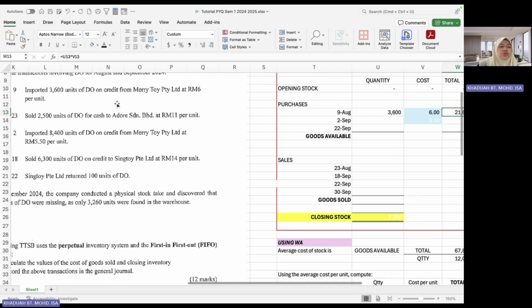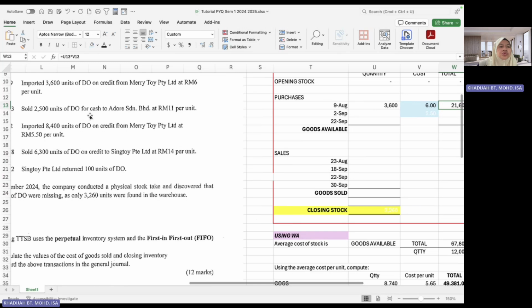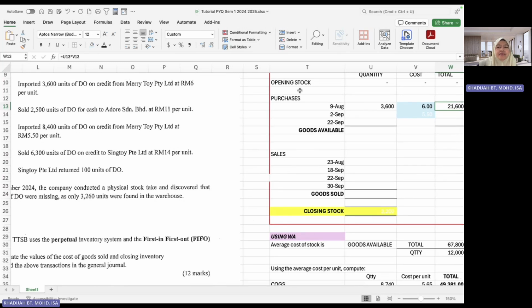And then you sold 2,500 on 23rd of August, at 11 ringgit. As I mentioned earlier, for sold, you only want to put in that amount of 2,500 units. You do not want to put the cost, because that's not the way we are doing it.